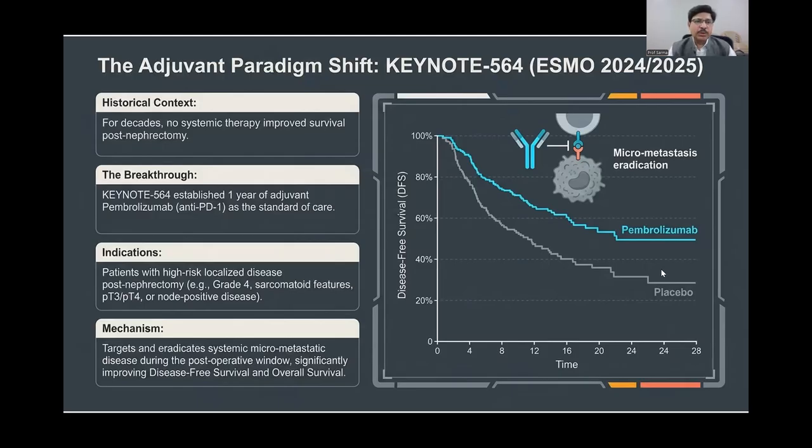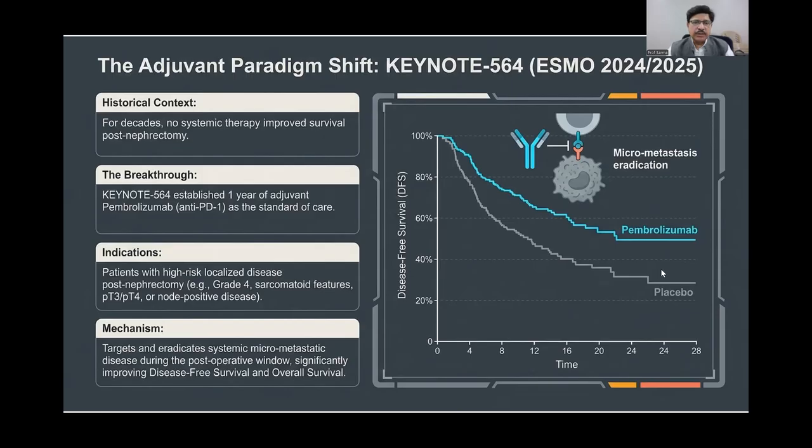Now, the KEYNOTE-564 trial established 1 year of adjuvant treatment as a standard of care. This is called anti-PD-1. Pembrolizumab is the drug which you give for 1 year to these patients. That means we have a medical method of treatment.